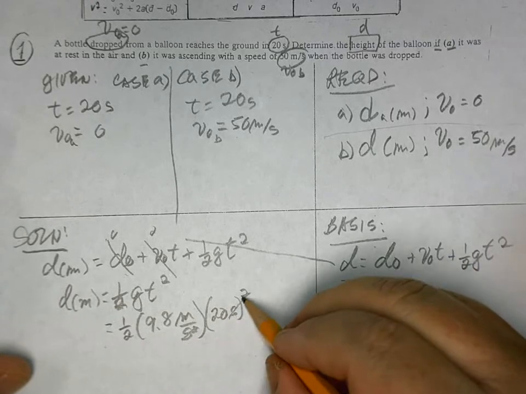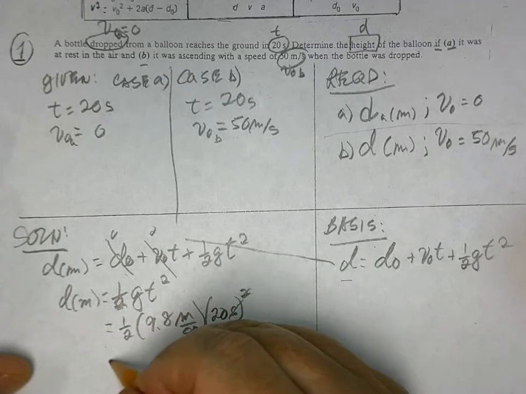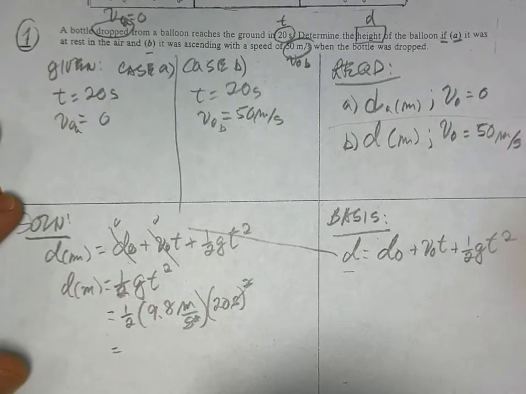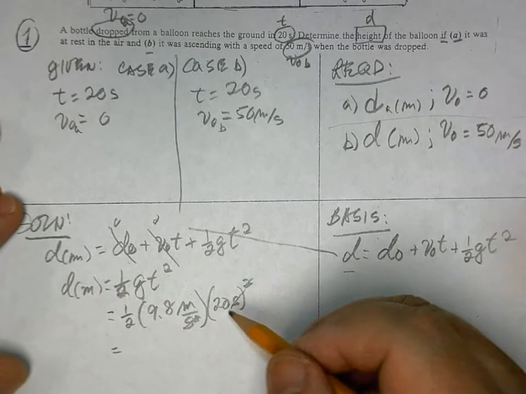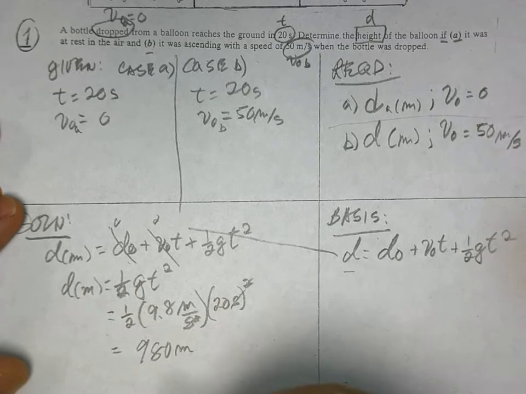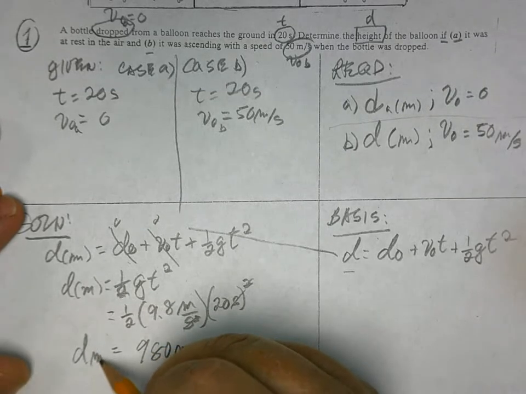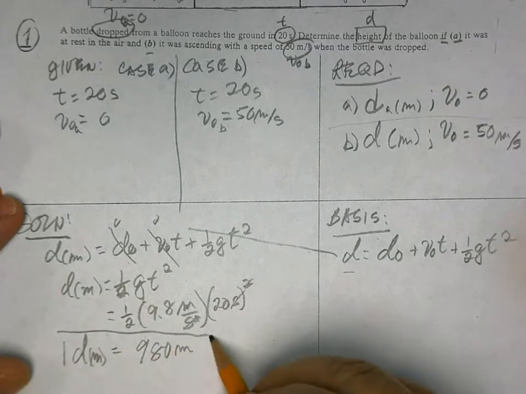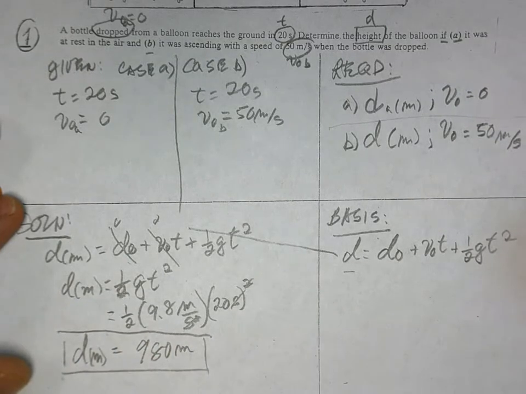So this cancels with that, and you're left with meters. And the answer is, I think, let's see, exactly 980 meters. That's the D in meters.